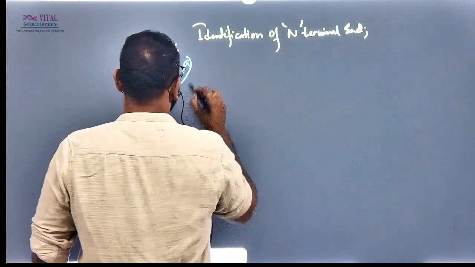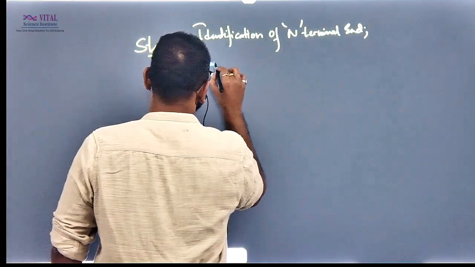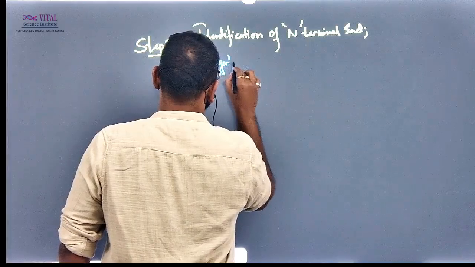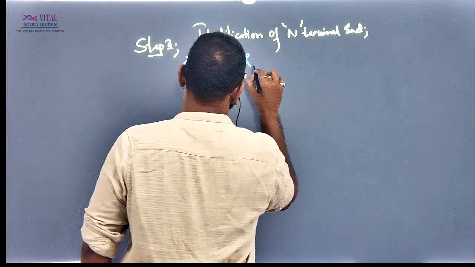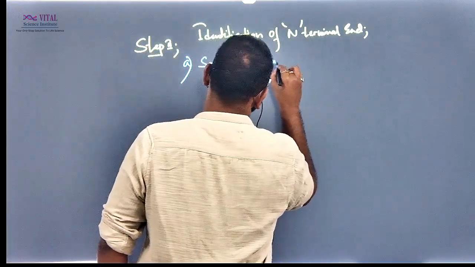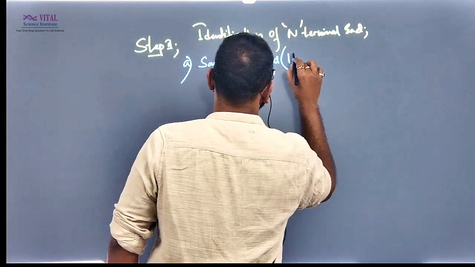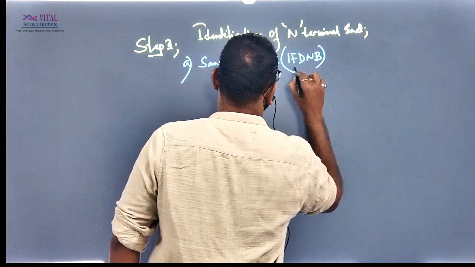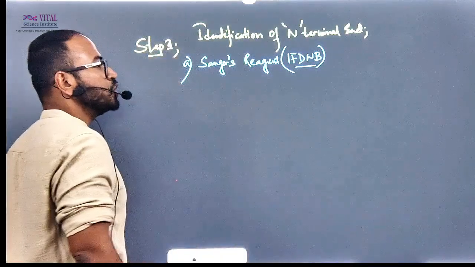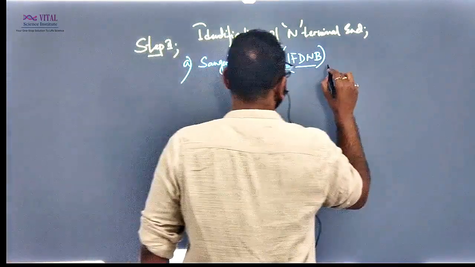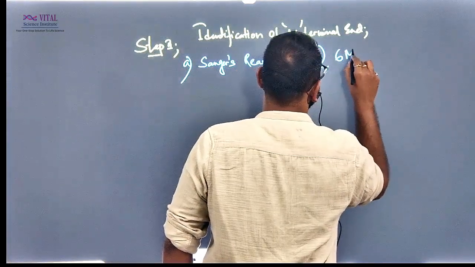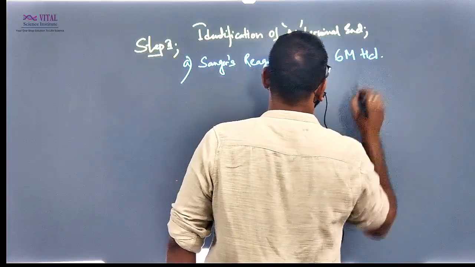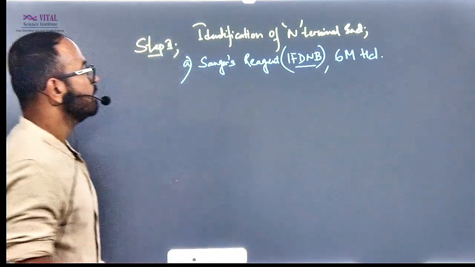A, by using Sanger's reagent, which is 1-fluoro-2,4-dinitrobenzene, along with 6 molar HCl.